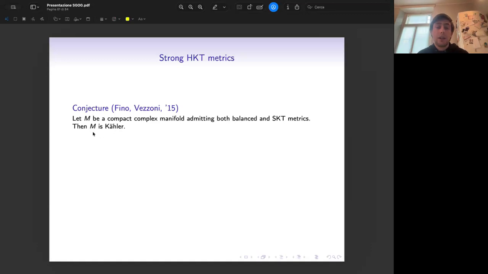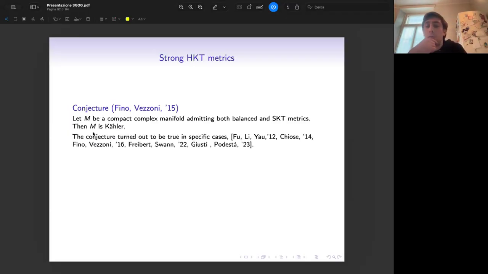And so in this case, I want to recall an open conjecture by Fino and Vezzoni in complex geometry, which asserts that on a complex manifold, SKT and balanced metrics can coexist only on Kähler manifolds. And this question is still open in full generality, but we have plenty of evidence for its validity.